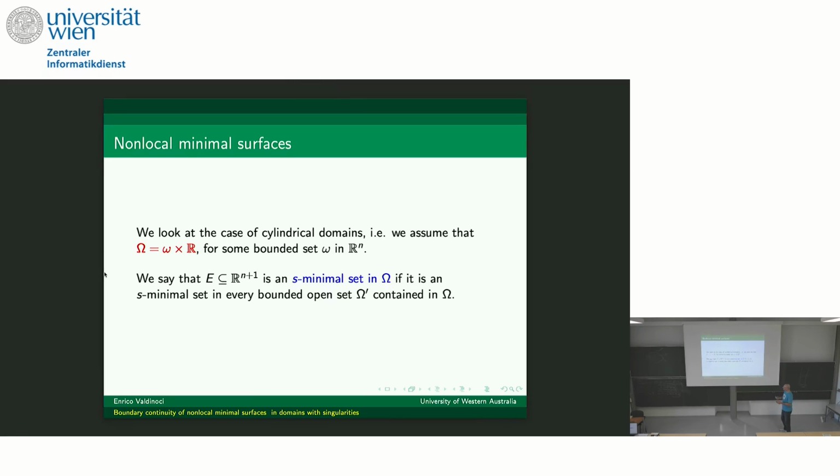Well, the idea is that I want to look at S-minimal sets in omega. I have to be slightly careful because since omega is in this case unbounded, I have to give a special definition. In this case, for me, this actually comes from Luca's thesis. We say that you have an S-minimal set in a cylinder, or in an unbounded domain in general, if the set is S-minimal in every bounded open set contained in omega.